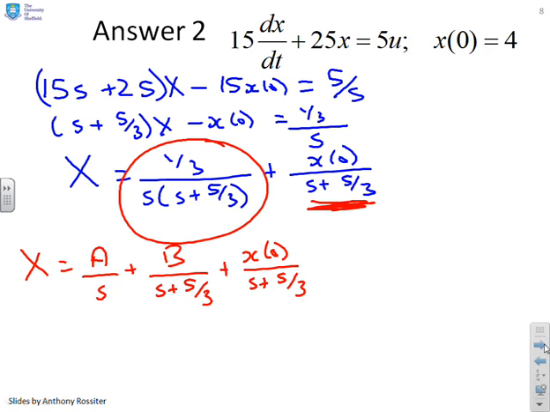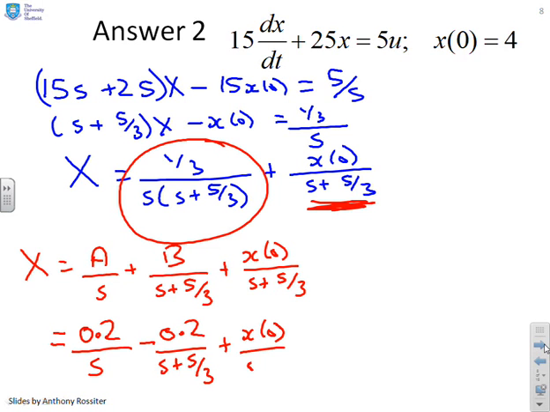Now, in order to get a, I need to set s equal to 0 and cover over the s, so we get 1/3 over 5/3, which is a fifth, so you get 0.2 over s. In order to get the b, I need to set the s equal to minus 5/3 and cover the s plus 5 over 3, and so you're going to end up with minus 0.2 over s plus 5 over 3, and hopefully you'll again see that this solution takes the classic form.